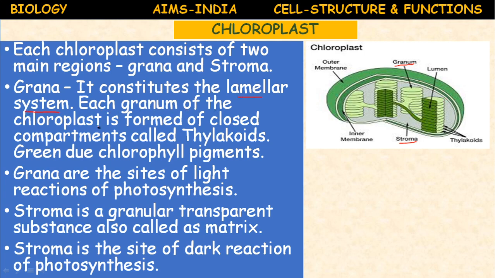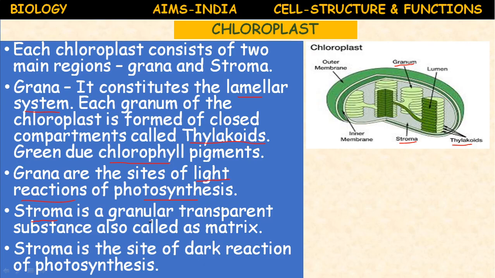Each granum of the chloroplast is formed of closed compartments called thylakoids. These thylakoids are green in color due to the presence of chlorophyll pigment. Grana are the sites of light reaction of photosynthesis.